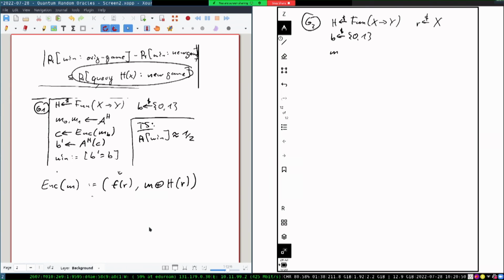Then we call the adversary. Now, instead of encrypting here MB into C and then giving this to the adversary, I will just give those two terms directly to the adversary. So the adversary gets f of r, where r is the thing from above, and mb XOR hash of r.